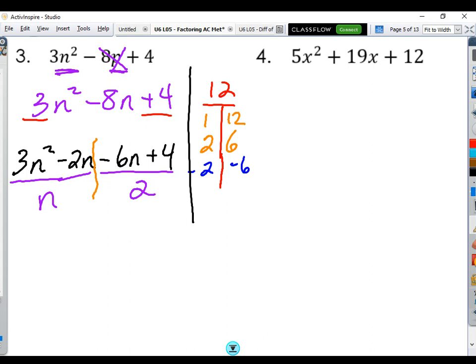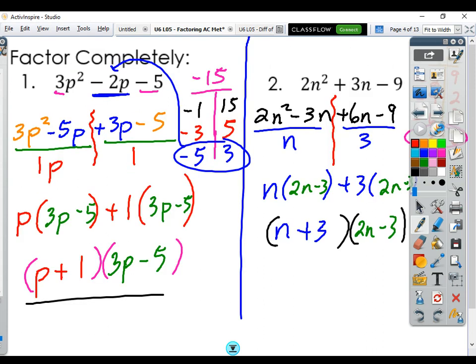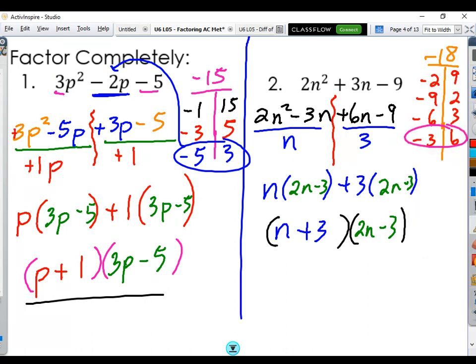So when we look at a GCF, you actually are following the line leader. This was a positive n because this 3 was positive. You didn't realize it, but that's what was happening. I'll go back to another one. This was a positive because this one was positive. This was a positive because that 3 was a positive. This one was a positive because that 2 is positive. This one was a positive because that 6 was positive.